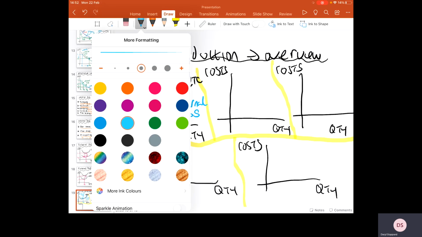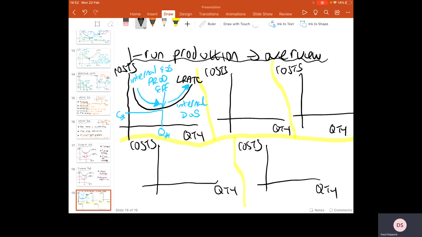We can also show this diagram in different ways. What we know is some firms will never see diseconomies of scale creeping in. As they scale up production, they're only going to see more and more internal economies of scale. Or what we could do is have this bucket-shaped LRATC curve.